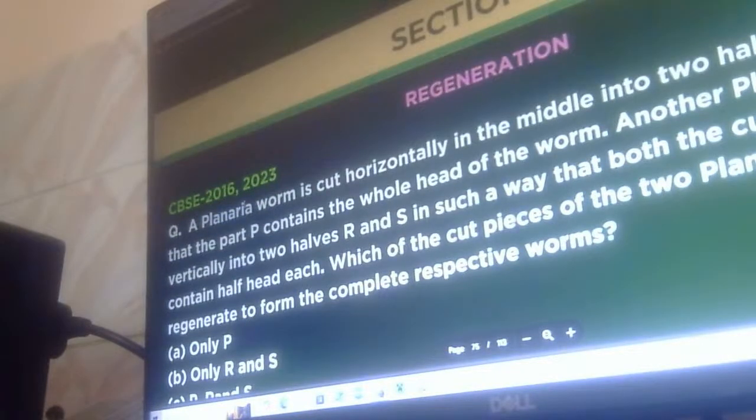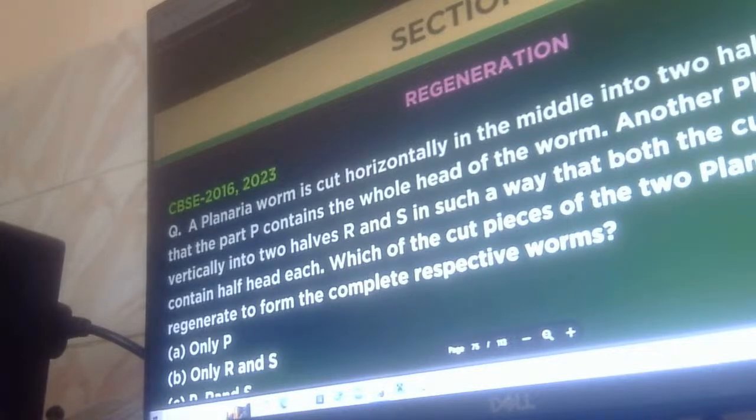Planaria. Which one is it? The worm is cut horizontally in the middle into two halves; part B contains the whole head. Planaria worm is cut vertically, horizontally, and vertically. Both pieces contain half a head each.